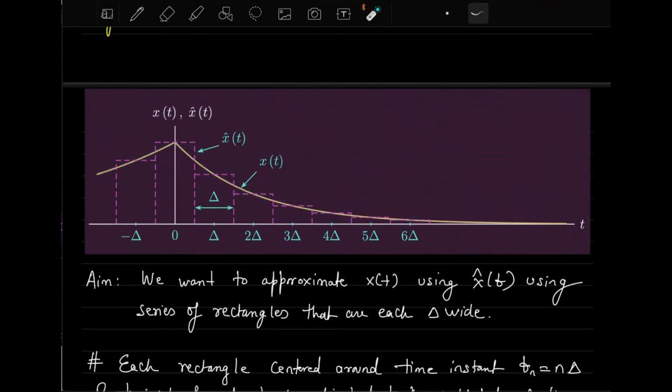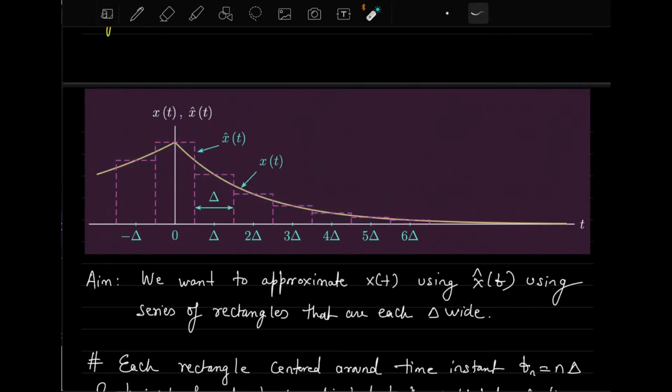And now what we are doing is approximating it with delta functions. The function which we are approximating using delta functions is x tilde. You can see we have x hat here. So x hat is nothing but these signals. This is basically your x hat.